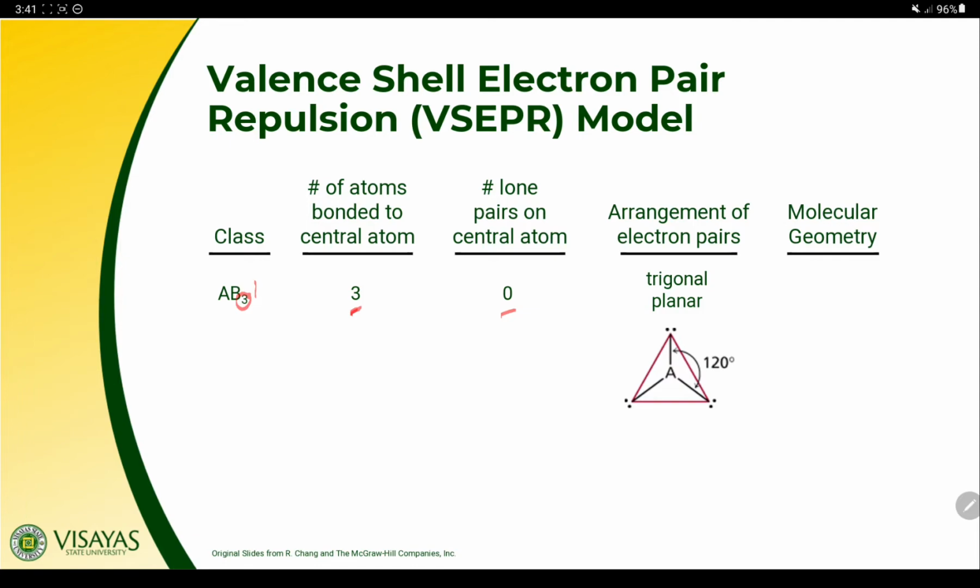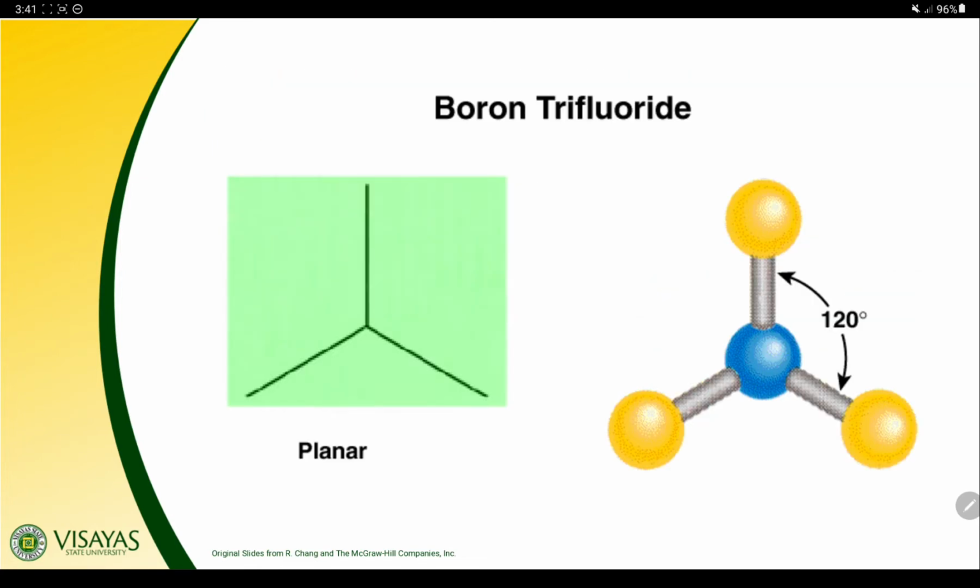Now, if we take into account the repulsion, these are all bonding pairs of electrons. So the geometry of the class AB3 molecule is still trigonal planar, so there is still a 120 degrees bond angle.